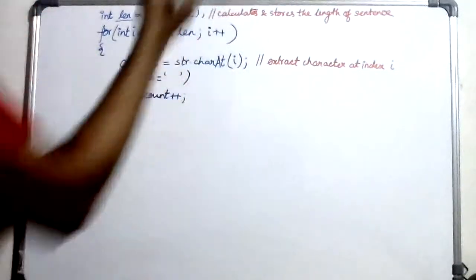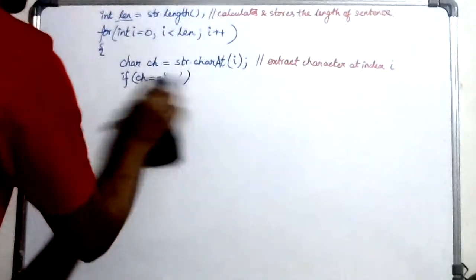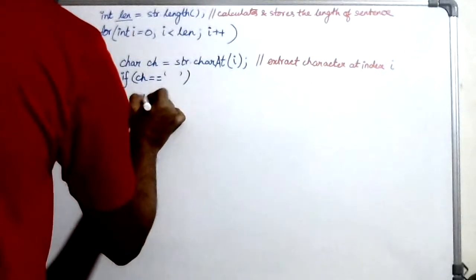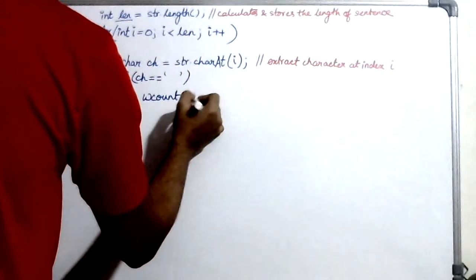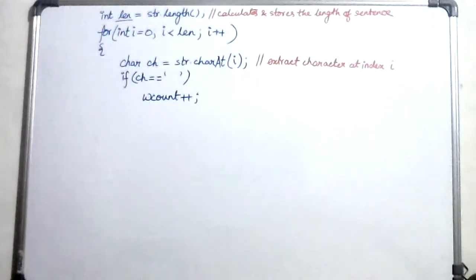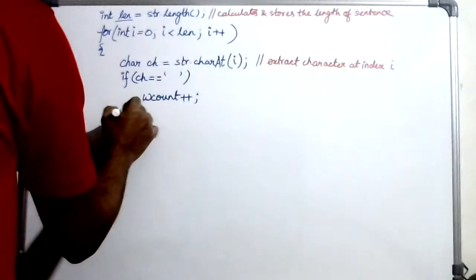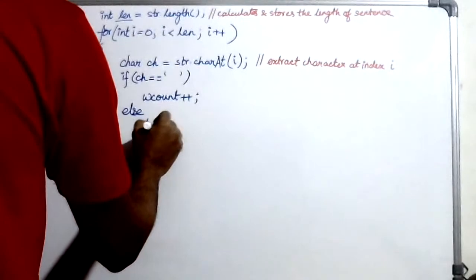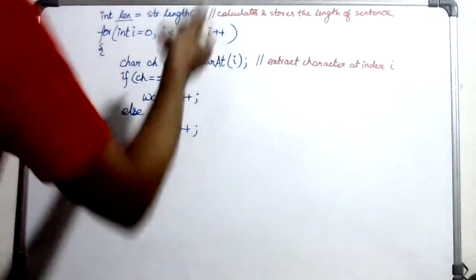So w count plus plus. Next, if ch is not a blank space, which comes under the else part, we do L count plus plus.